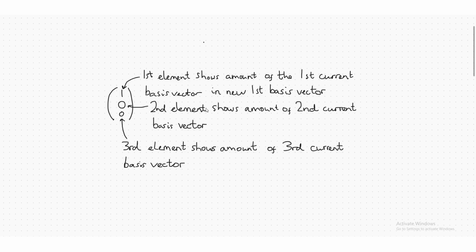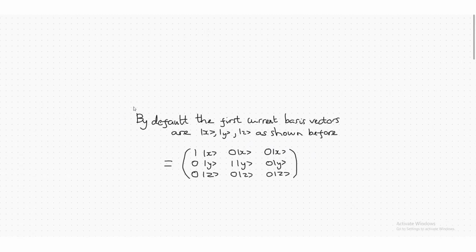And the third element shows us the amount of the third current basis vector, which is z, in our first new basis vector. In simple terms, this shows us the amount of x in our new first basis vector, this shows the amount of y, and this shows the amount of z. Just to clarify, the current basis vectors are always going to be x, y, and z.